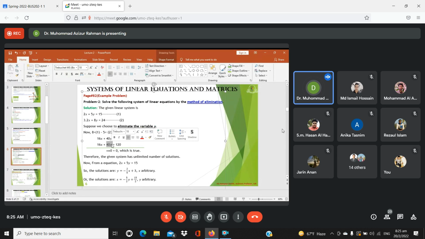So you need to find a common value. What is the common multiple of 5 and 8? 40. Yeah, this is the one. So you know 40 is the common multiple of 5 and 8.